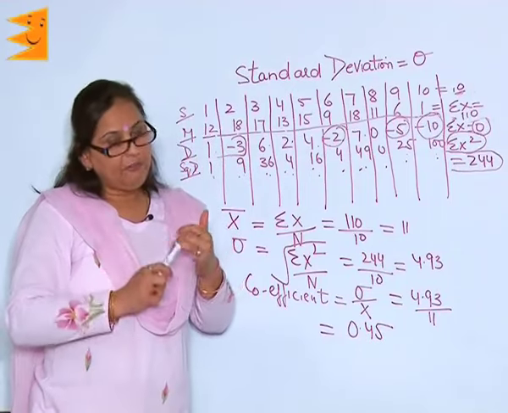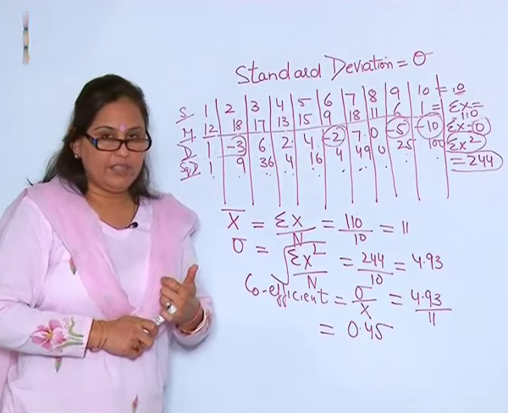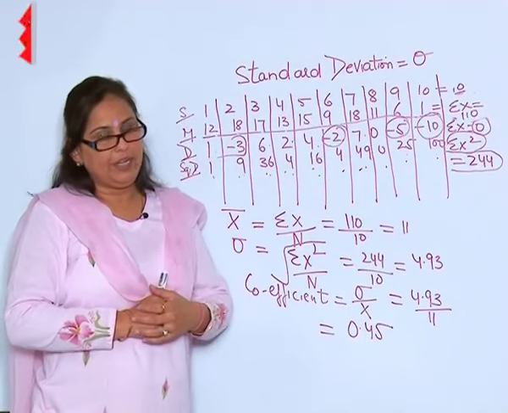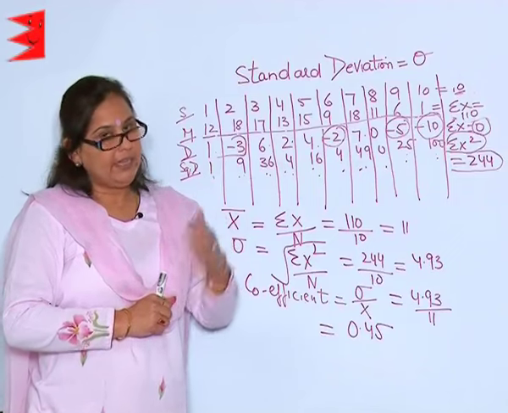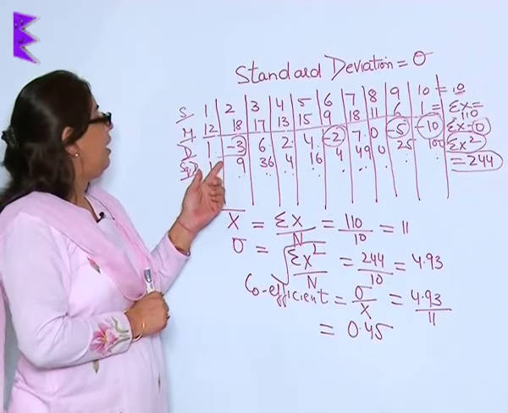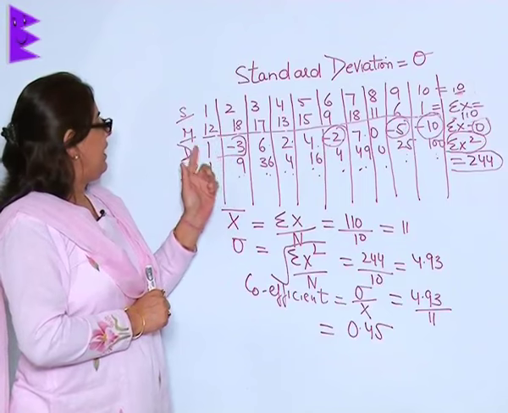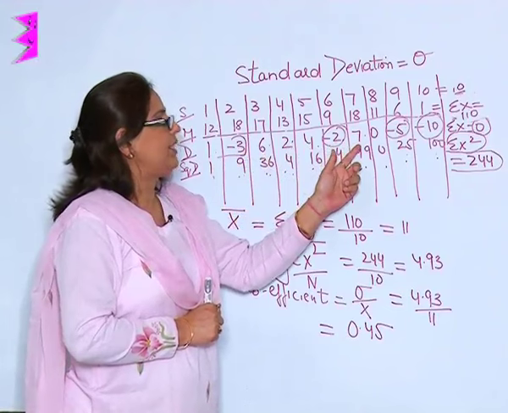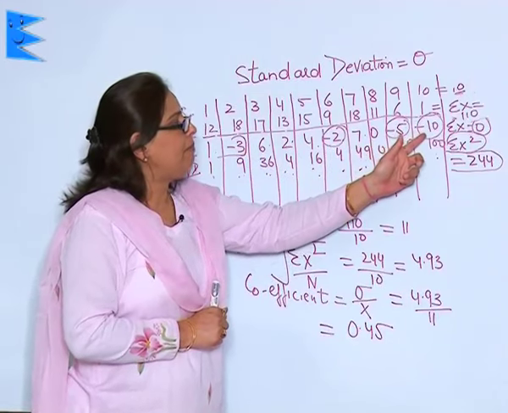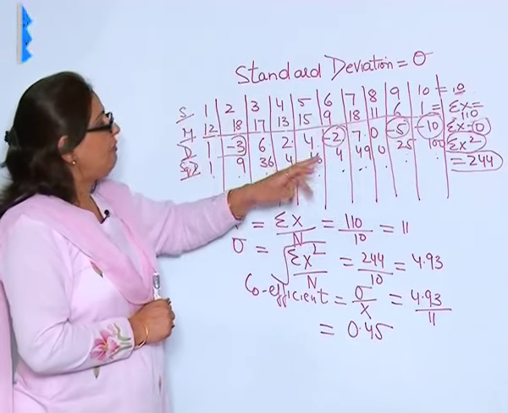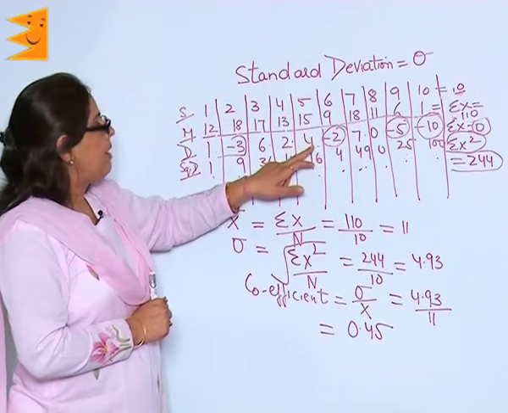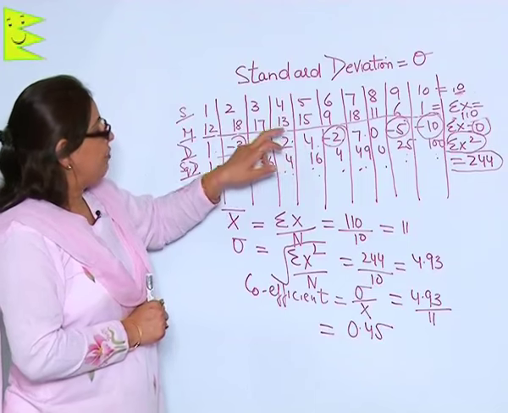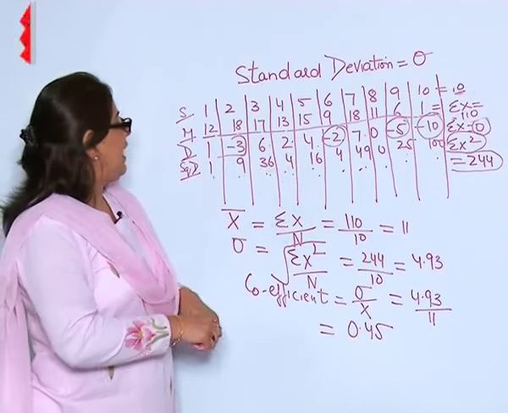Next what I have to find out is the deviation. Here we have to take into account the positives and the negatives. We cannot exclude them as we did in the previous learning. Here the deviations which I get are 1, minus 3, 6, 2, 4, minus 2, 7, 0, minus 5, minus 10. Now, to find out the sigma x, we must see that we get it as 0.